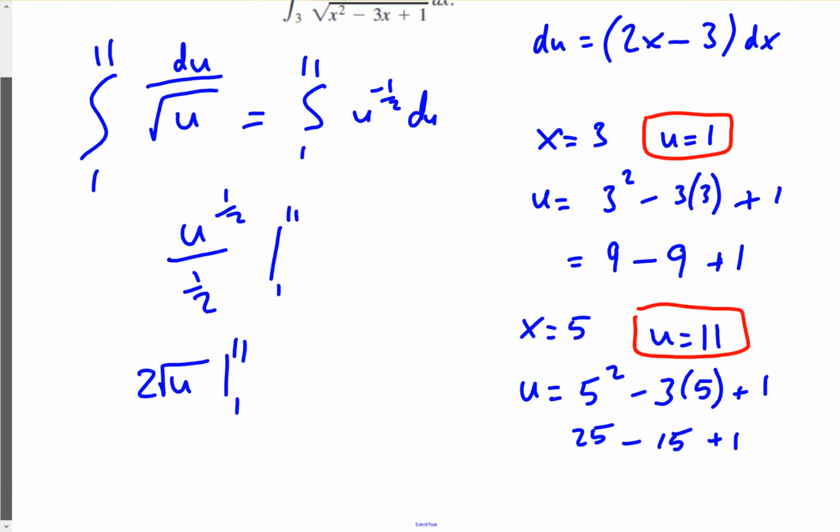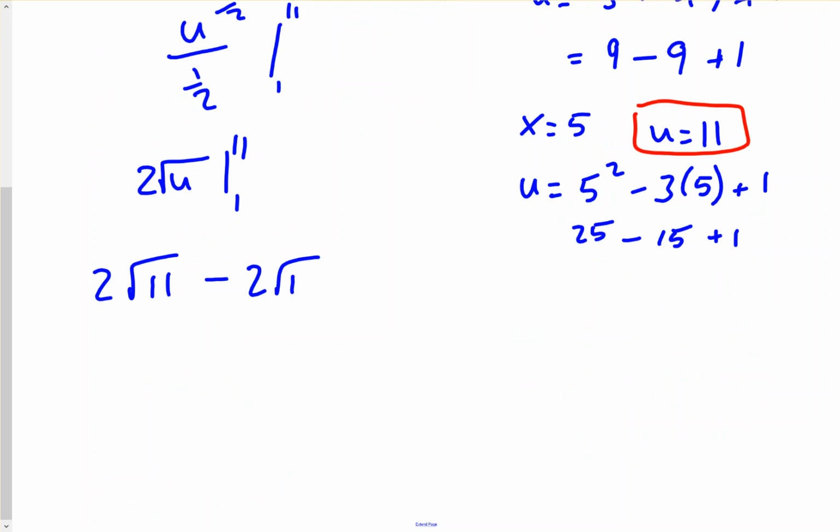Okay, so let's plug that in. That means this will be 2 square root 11 minus 2 square root 1, which is 2 square root 11 minus 2. Okay, if you want to leave it like that, you can.